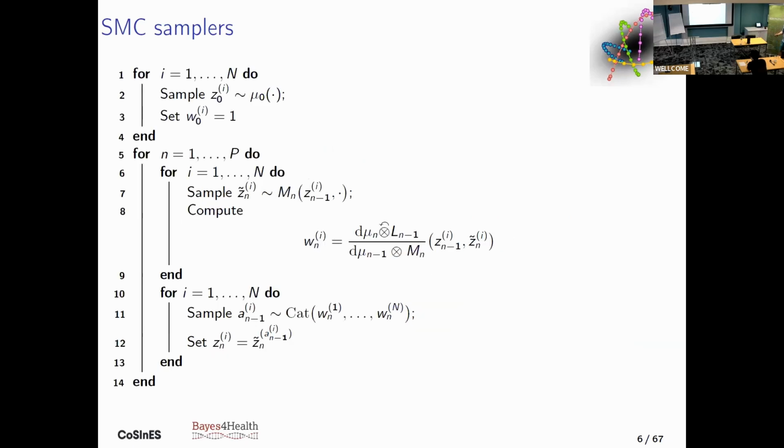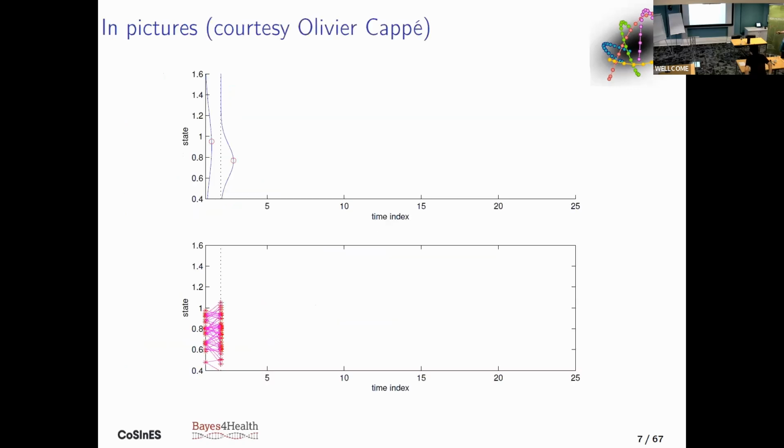And of course, this looks scary, but it is really simple. Here you run through the sequence of distributions, and you just mutate the particles that you had from the previous iteration, you compute the importance weight, and there's a selection step. But if you don't follow all the symbols here, that's not a problem.